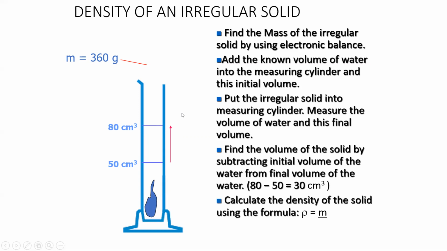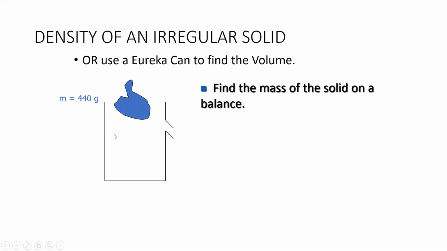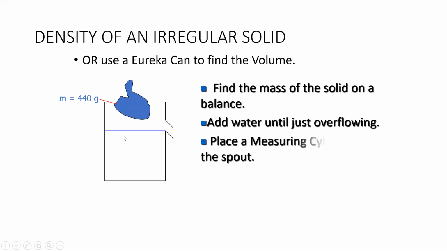But sometimes the object is big and does not fit into the measuring cylinder. In that case, we can use a Eureka can, which has an opening. First we fill this can till this level, as you can see, and we place a measuring cylinder next to it.